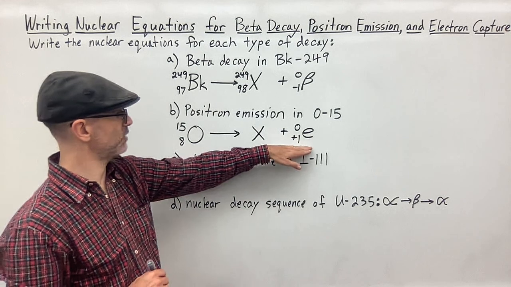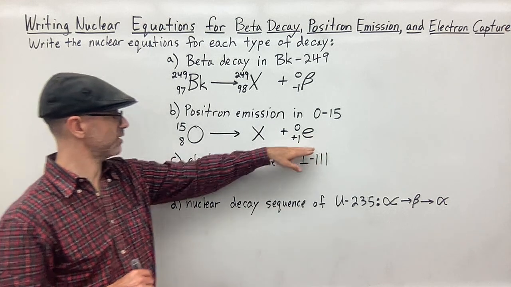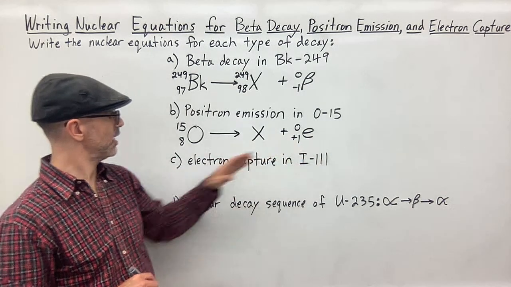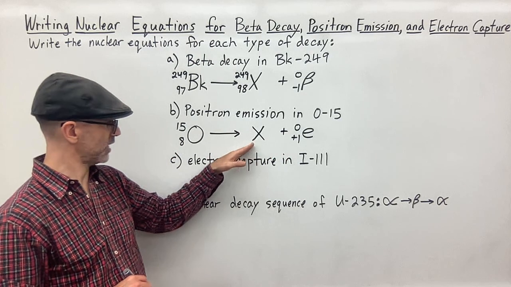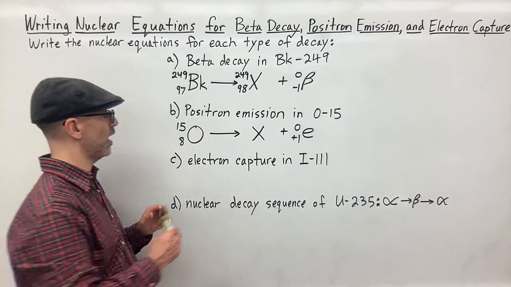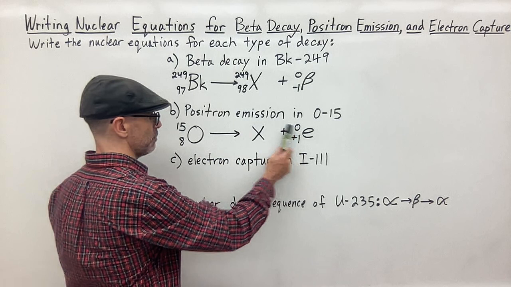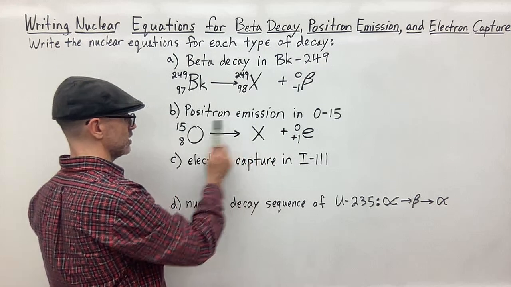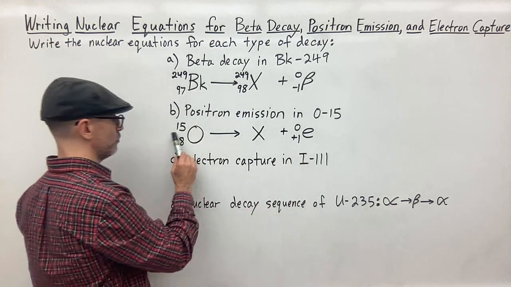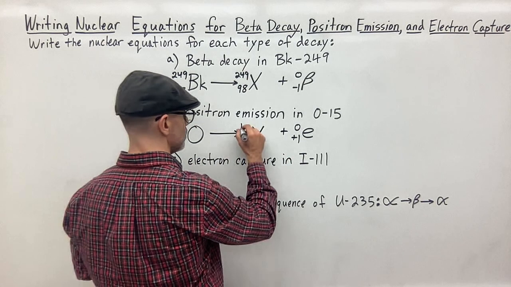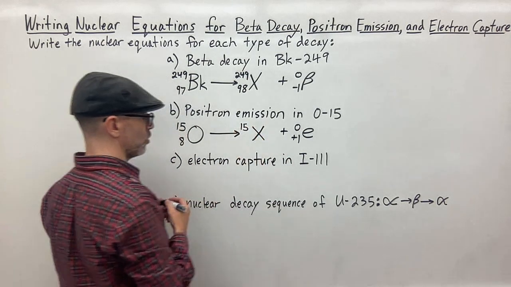So now that I have the positron written as a product, now I can figure out what the numbers for this isotope are. So I have 0 on top over here plus whatever this is should give me 15. If I subtract 0 from 15, I get 15. So 15 is the number over here.